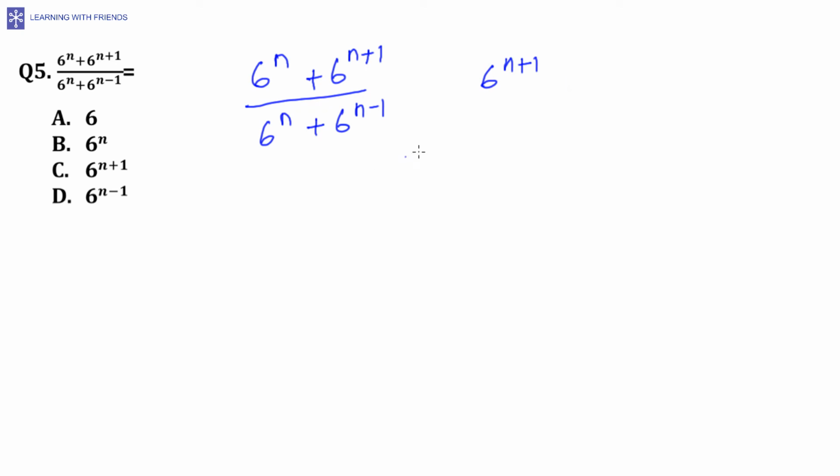Now if you notice, x to the power a plus b is x to the power a multiplied by x to the power b. This is a property of powers. So 6 to the power n plus 1 would be 6 to the power n into 6 to the power 1, which is 6 to the power n into 6.